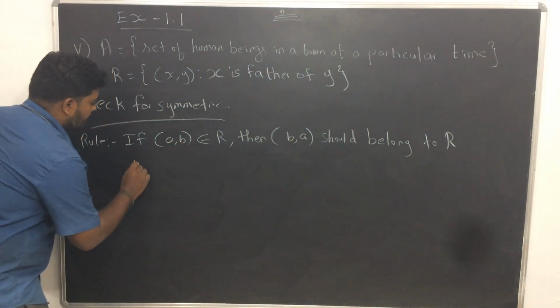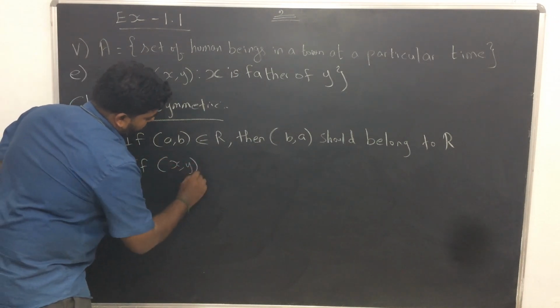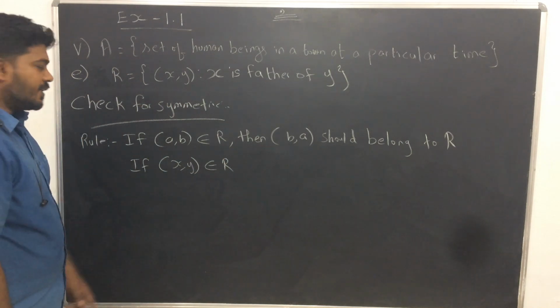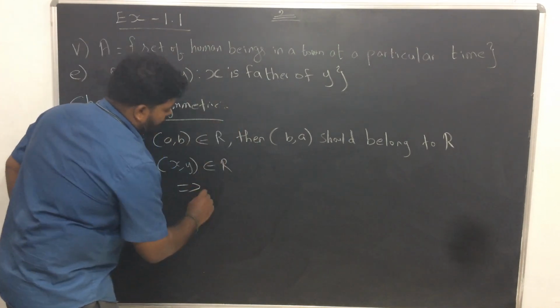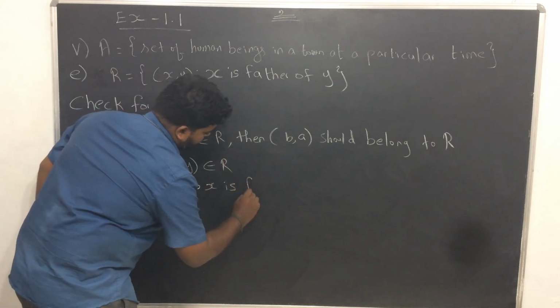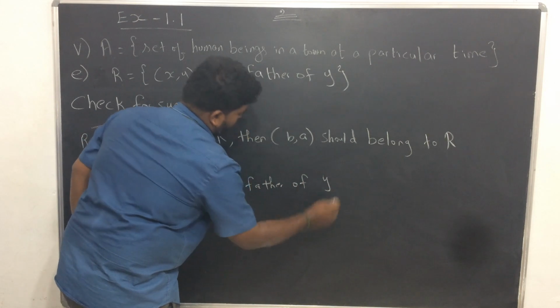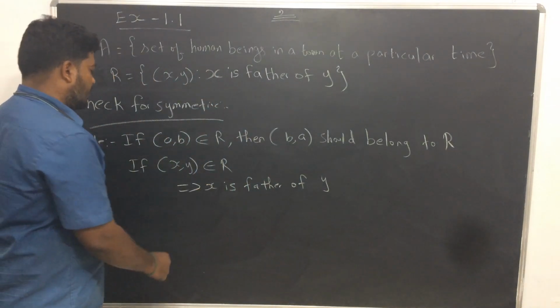So, let's start. If (x, y) belongs to R, what does this imply? I am assuming that (x, y) is in the relation. This implies that x is father of y. This statement is okay. No complaints about this.